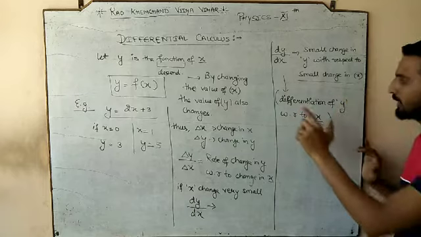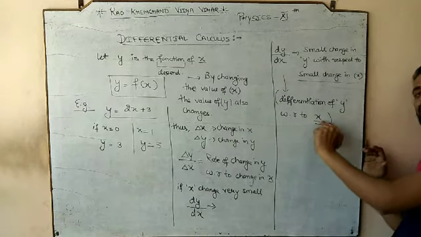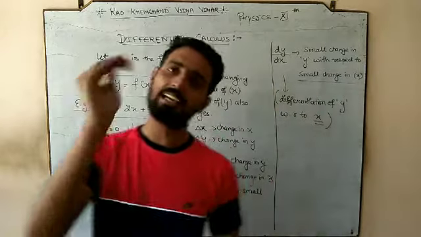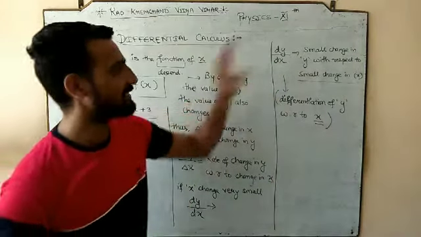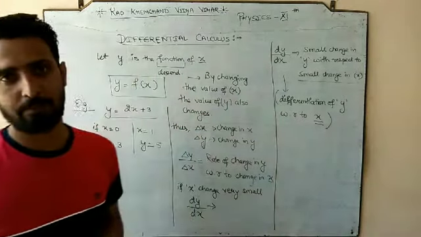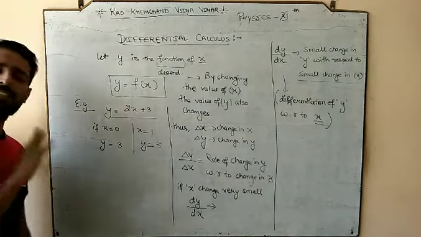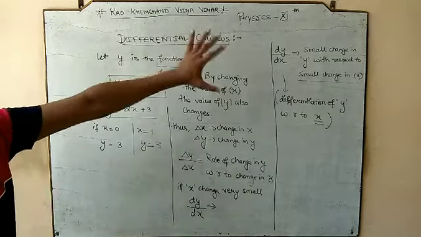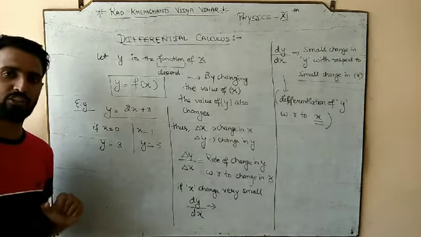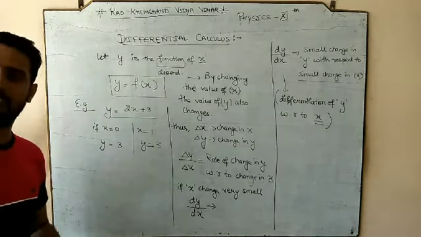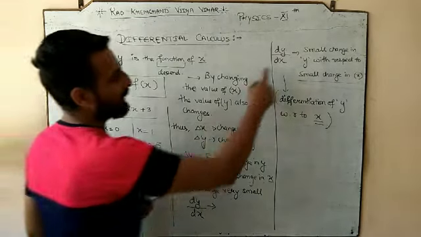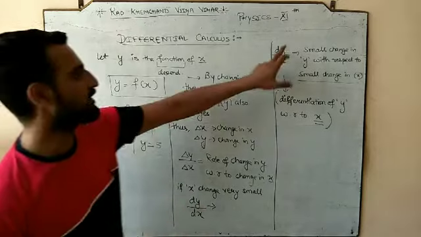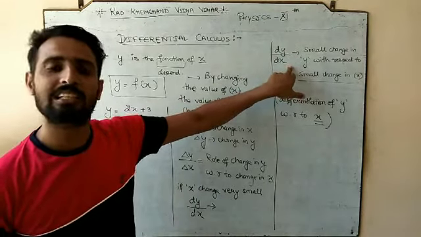Differentiation मतलब change. तो change of y with respect to x means y में कितना change हुआ, किसकी वजह से? x की वजह से, and this is called differentiation. So here I haven't discussed any rule of differentiation. Here I discussed only the method of representation of differentiation. इस तरीके से हम represent करते हैं. So dy by dx means differentiation of y, means change in y with respect to change in x.